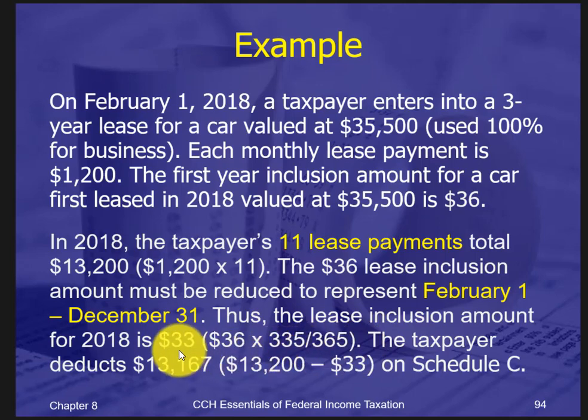Lease inclusion amount is $33,000. It's a portion of the $36,000, and so your deduction is what you paid minus the inclusion amount. Doesn't make a huge difference, but it is still a penalty, and the amount that is included goes up as the value of the car goes up.